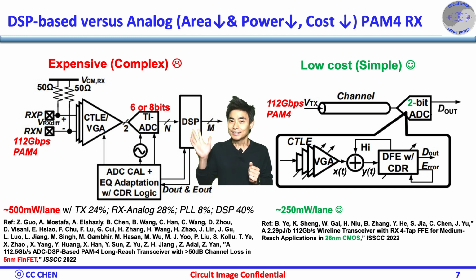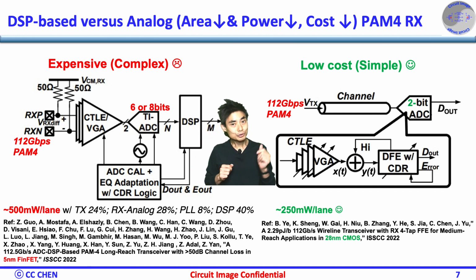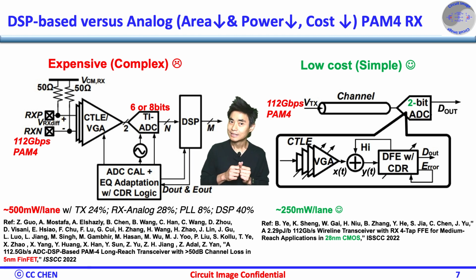Similarly, the analog RX typically consumes less power than the digital blocks owing to a simpler topology, and does not require power-hungry DSP blocks. In addition, there are no high-speed ADCs and complex DSP algorithms in the analog RX, achieving a lower overall power.